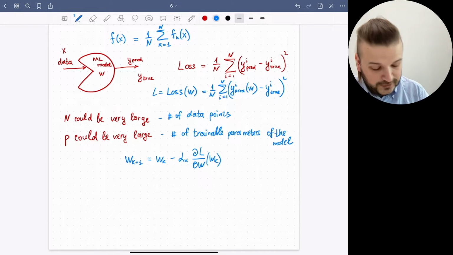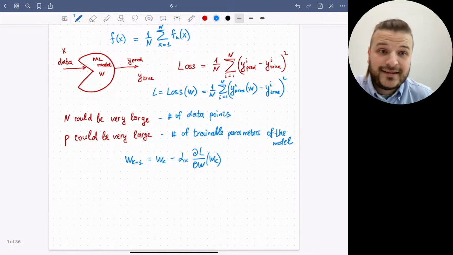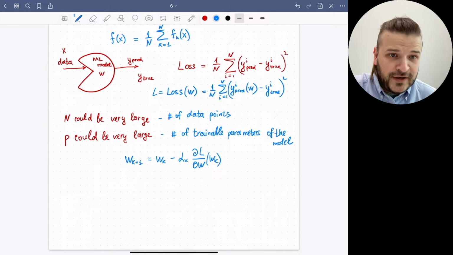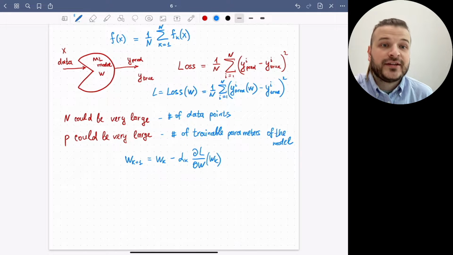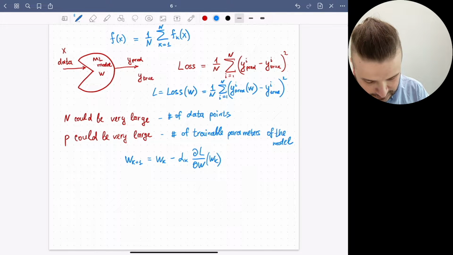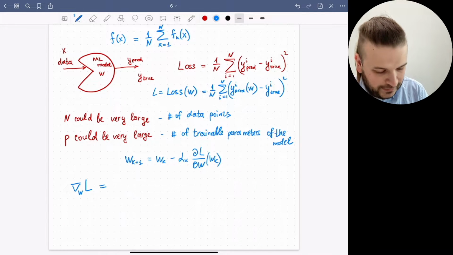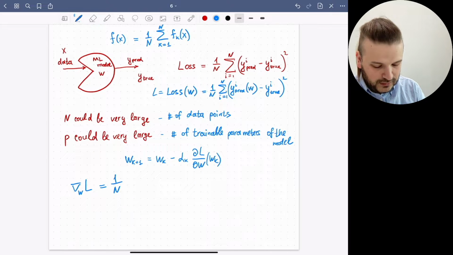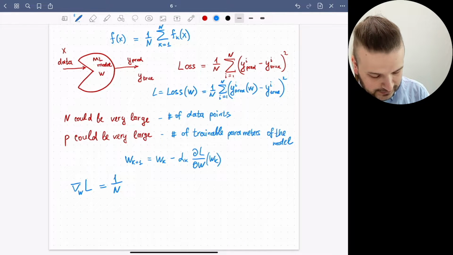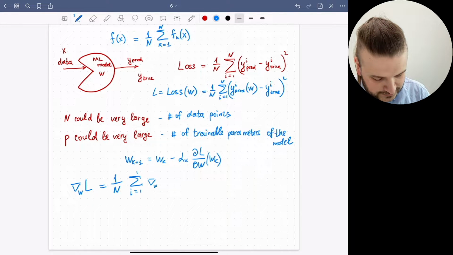As soon as our loss function is presented as a weighted sum of n functions, the gradient will also be a sum of n gradients, which means the gradient of L with respect to W will be 1 over n multiplied by a sum of these gradients.